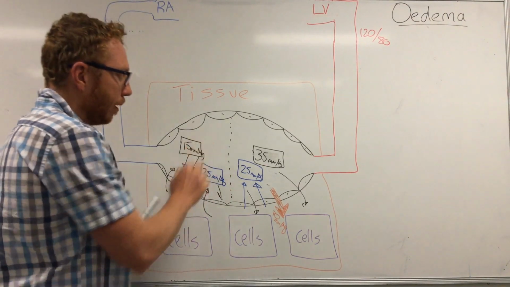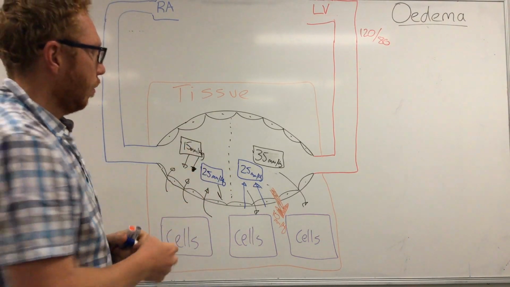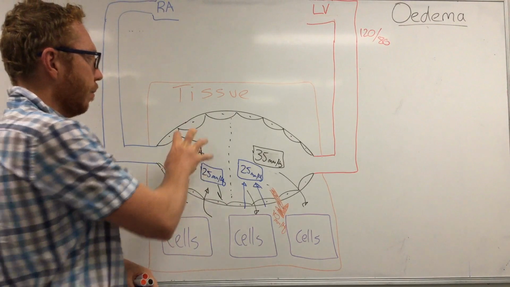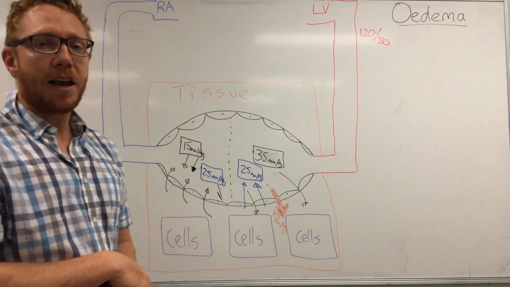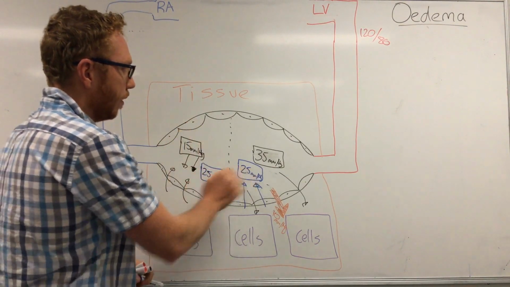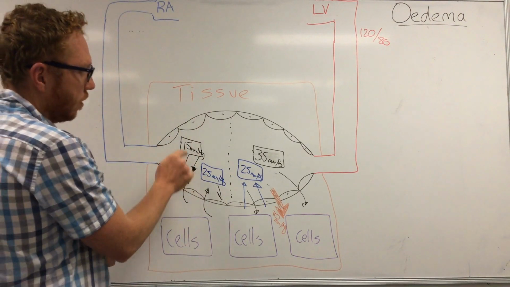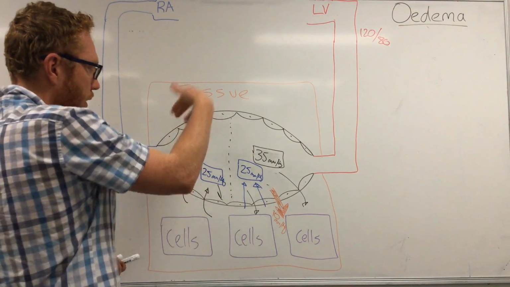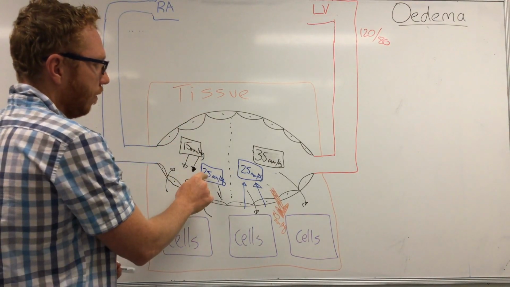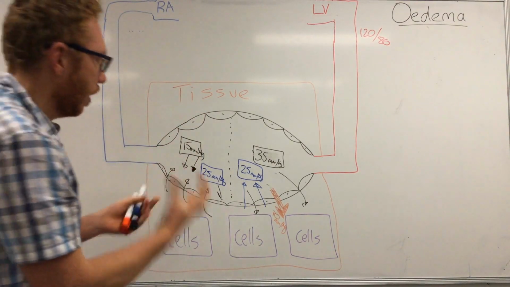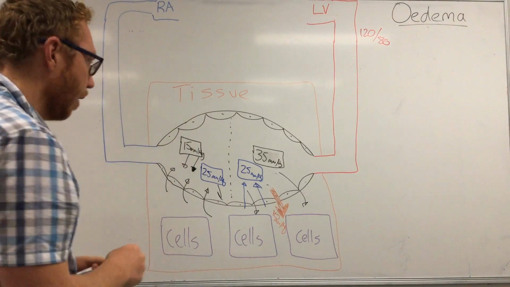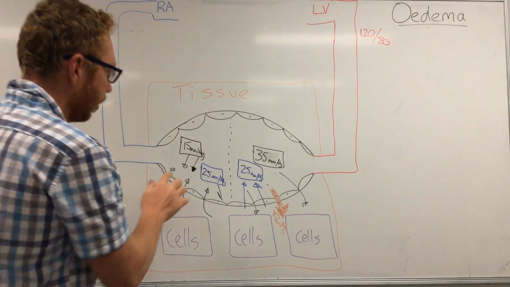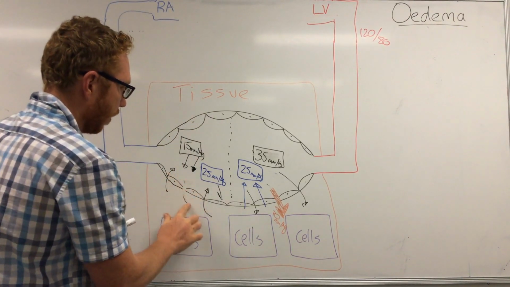It will actually go up a little bit, might go up to 28 because the blood plasma is a bit thicker now, but essentially we'll keep it the same. So what we have now is 15 millimeters of mercury forcing the fluid out and 25 millimeters of pressure sucking the fluid back in. So the pressure difference is now gone the other way.